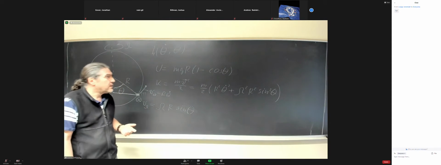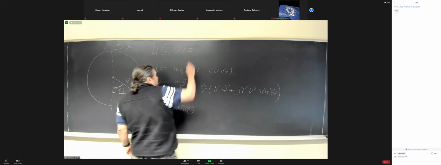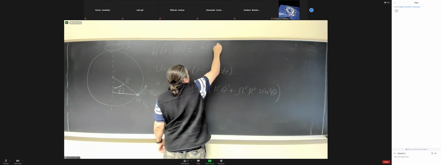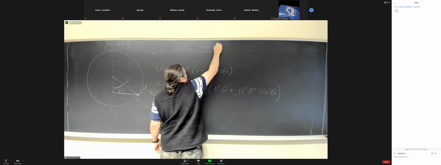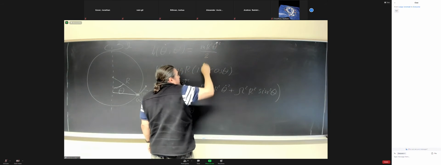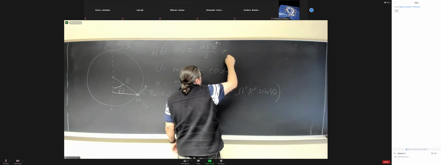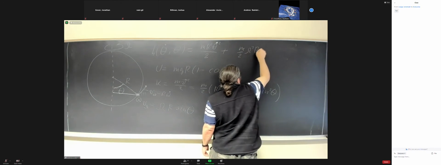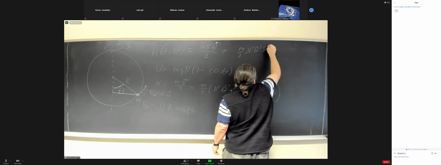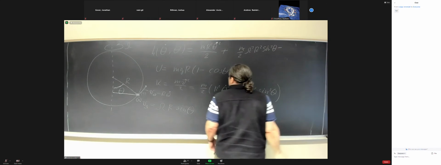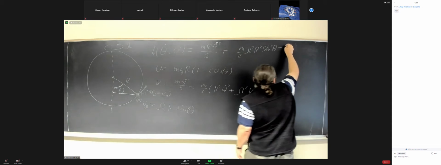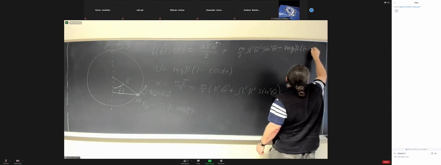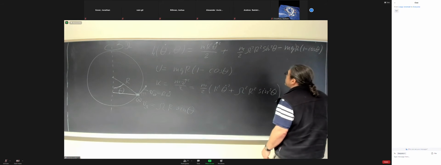Yes. So now my Lagrangian is kinetic energy, m r squared theta dot squared divided by 2, plus m over 2 omega squared r squared sine squared theta, minus mgr times (1 minus cosine theta).